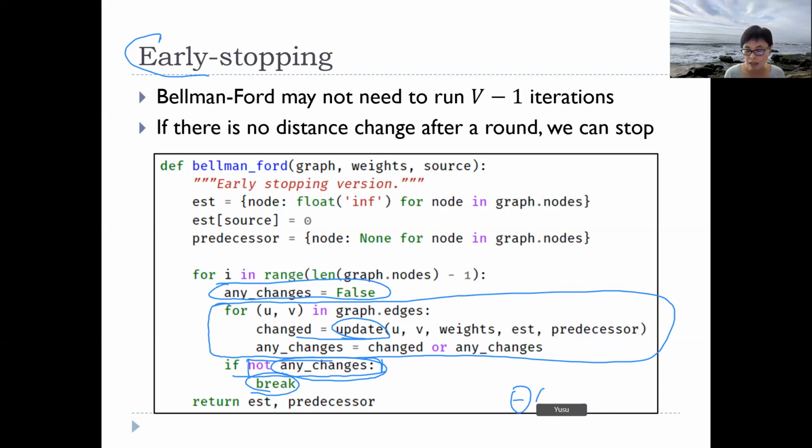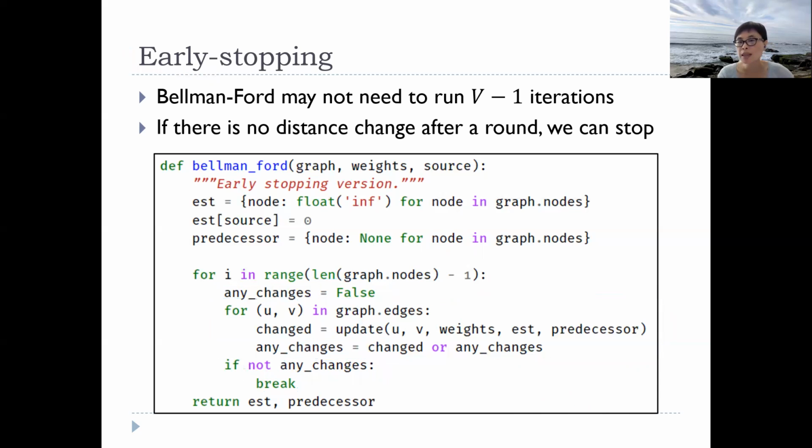It's still v times e, because in the worst case, I may still have to run v minus 1 rounds. So that's why the asymptotic doesn't change, but in practice, it often returns early, especially for simpler graphs. So this is a modified Bellman-Ford algorithm with the early stopping version.